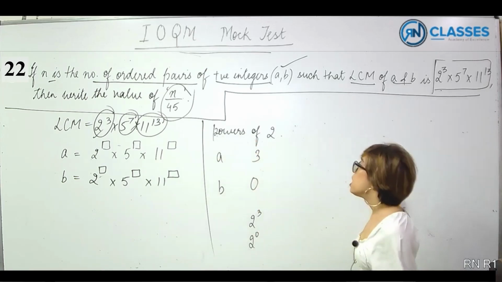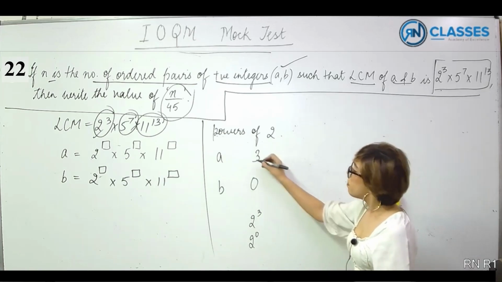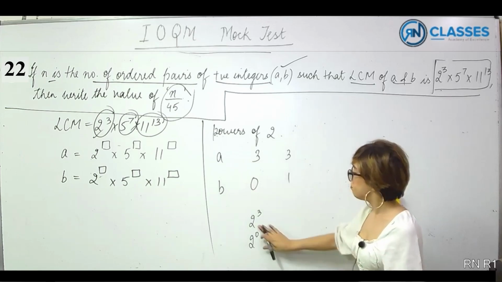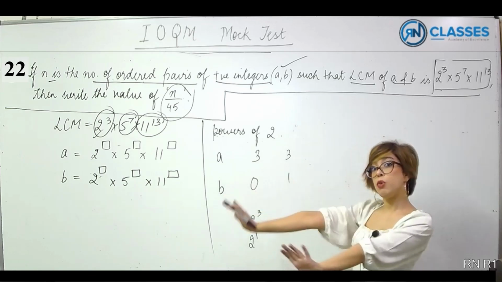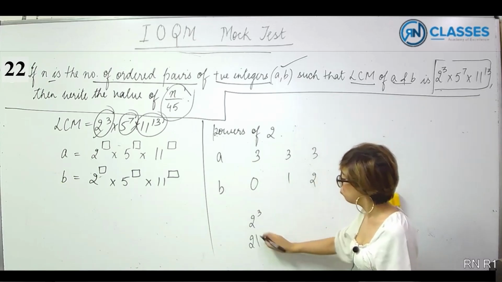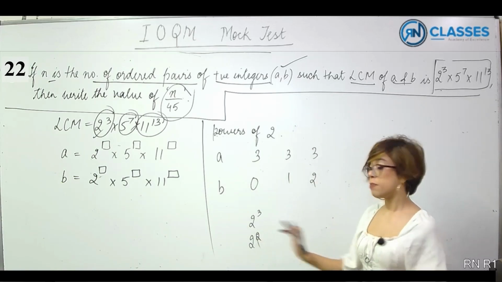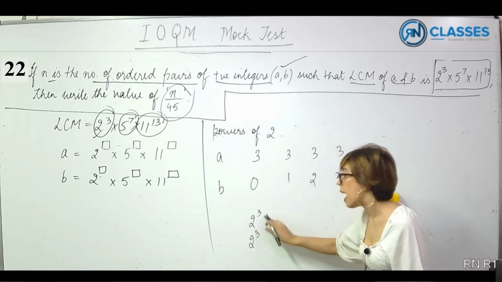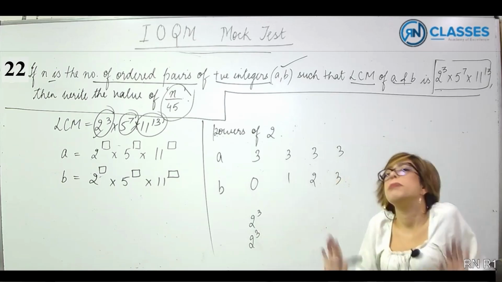Cool? Right. Now, again, let the power of 2 be 3, but corresponding to this, let the power be 1. LCM would have 2 raised power 3. Another case, then 3, 2. LCM would have 2 raised power 3. Then 3, 3. Right? In this case, obviously they are the same, the highest would be 3.